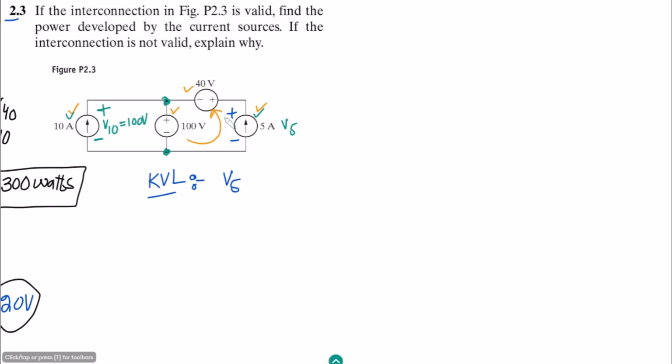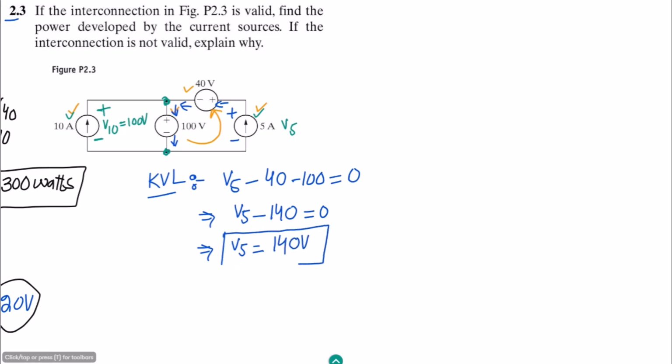Now current is entering through positive, coming out of negative, so this is minus 40. And also as the current is entering through this positive, coming out of this negative, this one is minus 100 as well, and this is equal to 0. So it is V5 minus 140 equal to 0, and the value for V5, once we find it out, is 140 volts, and this is now known.